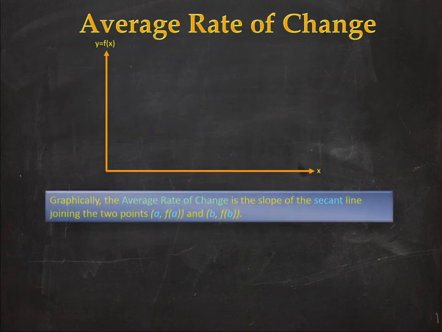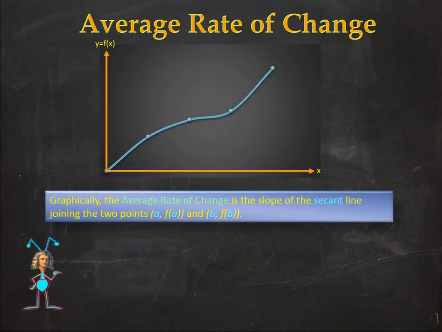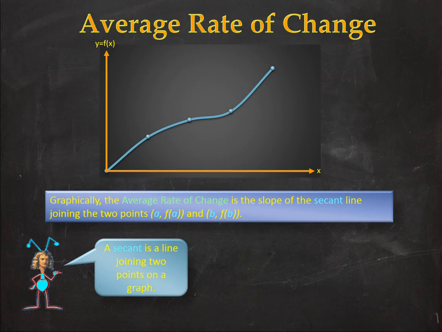One of the nice ways of seeing this, I'll put my graph back up here, but it's going to be more generic. And there's my 2 data points, a, f of a and b, f of b. Because we're taking those 2 data points and we're actually calculating the change in the x-axis and the change in the y-axis.